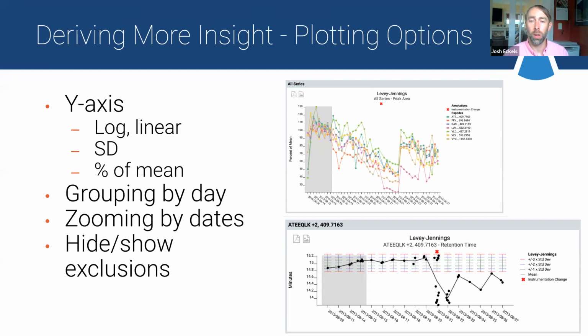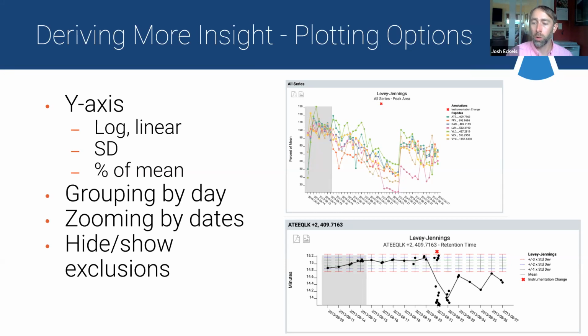Of course, this is a great example where we may have a significant range of abundance by design, because we want to have stable performance for both high and low abundance peptides. But this is a way to normalize those on the plot to figure out how the whole system is performing. We see there's a clear downward trend on peak areas. That's a lot clearer when we don't have that huge difference in dynamic range.